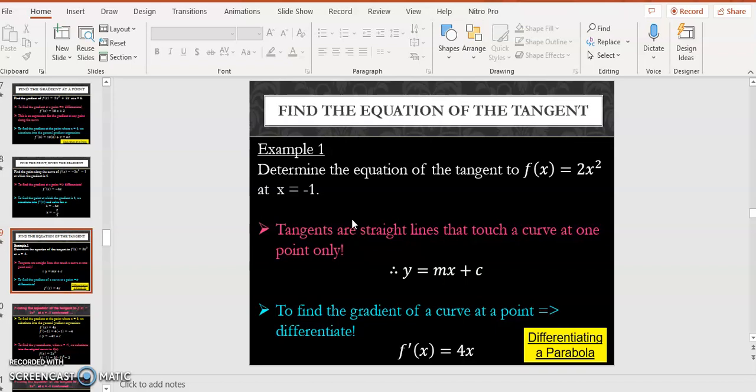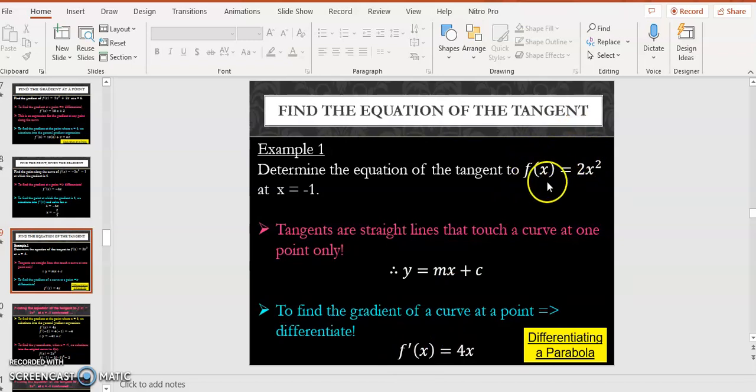Okay, so here it means that the line is a straight line. Since it's a straight line, it must take this equation: y equals mx plus c. Now, this y is the same as what? f of x, g of x, etc. So to find the gradient, which is the m of the tangent, you must differentiate whatever function they give you.